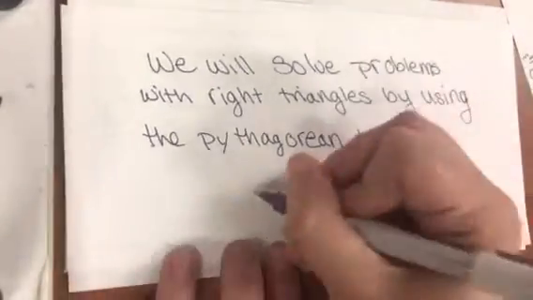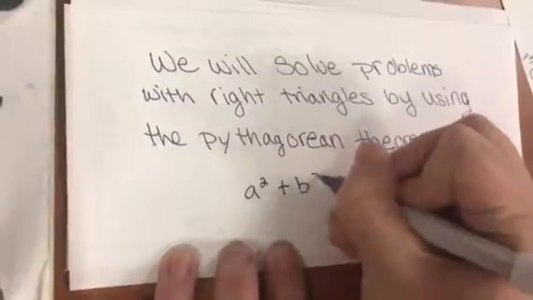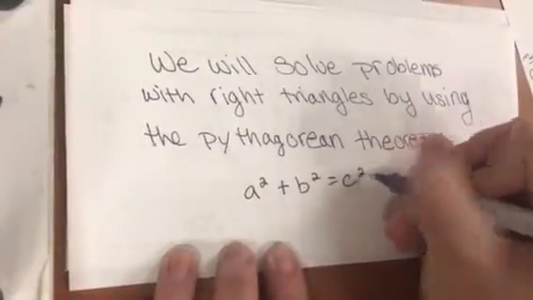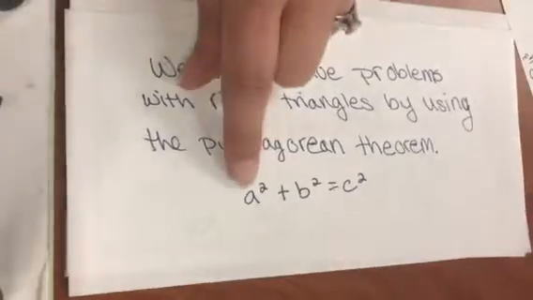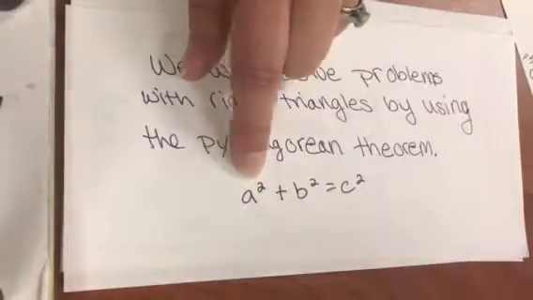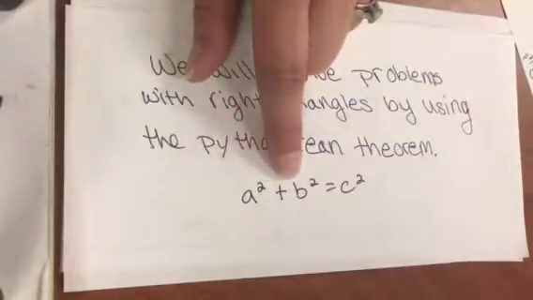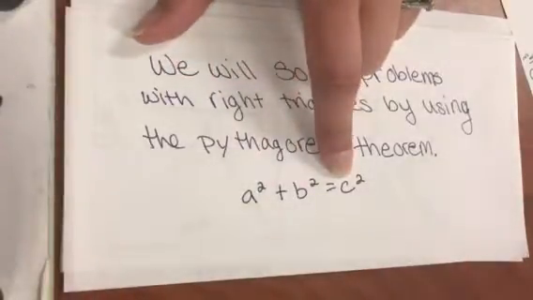Sure. The actual formula. So the formula for the Pythagorean theorem is a squared plus b squared equals c squared. That's the whole thing. You just need to memorize it, or it's on your star chart, but it's easy to memorize. A squared plus b squared equals c squared. If you remember, the side length of a triangle squared plus the other side length of the leg squared equals the hypotenuse side squared.